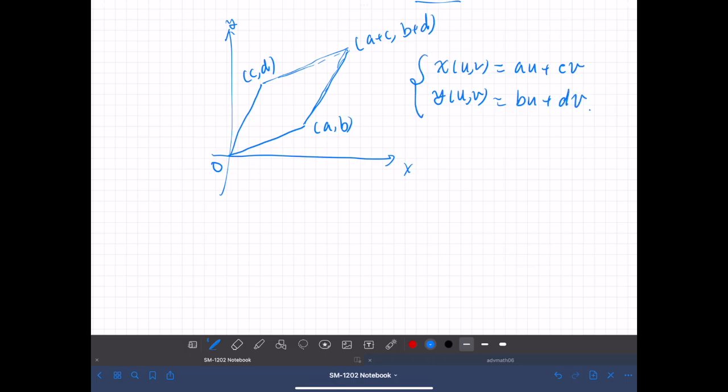So if we define this change of variables, then we can map this square from 0 to 1 times 0 to 1 into this region.